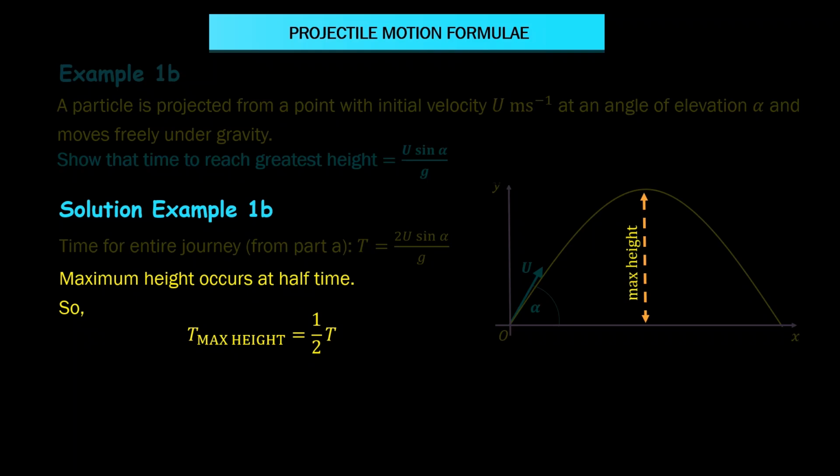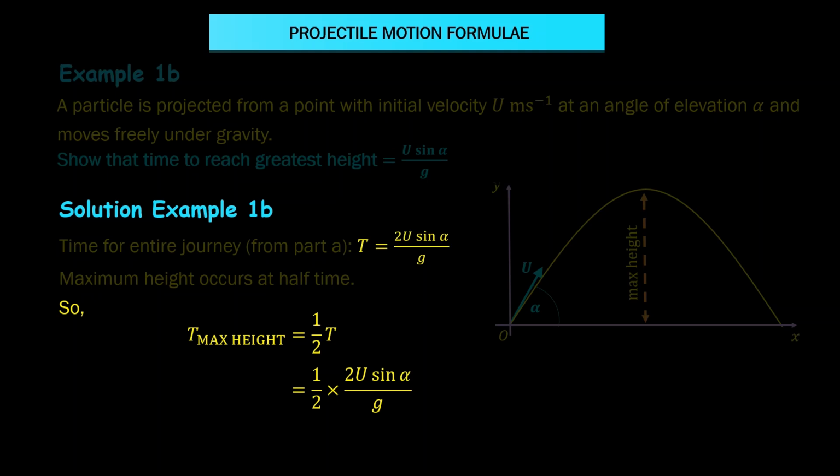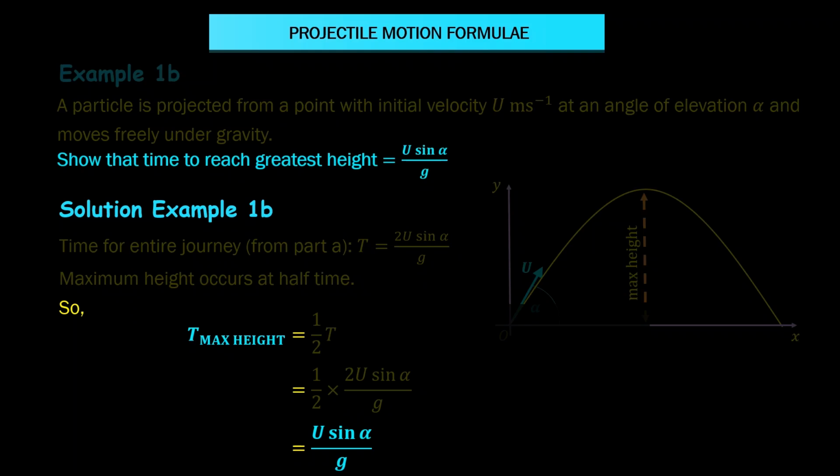Now the maximum height occurs at half time, so t, or time taken to reach the maximum height, equals a half t. And this equals u sine alpha over g. And therefore we've proved part B.